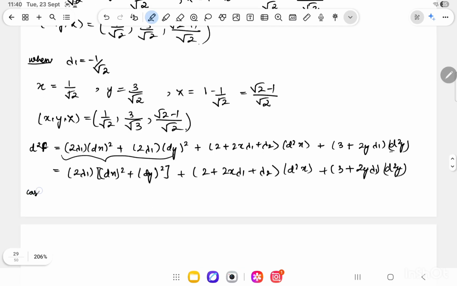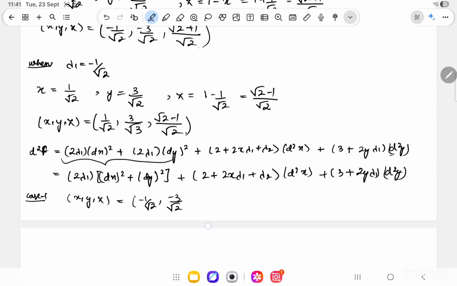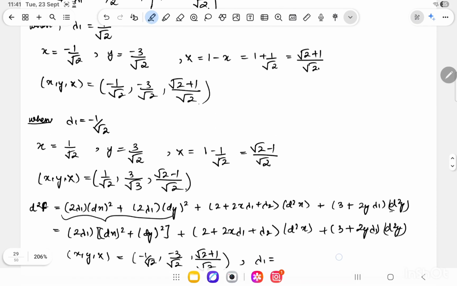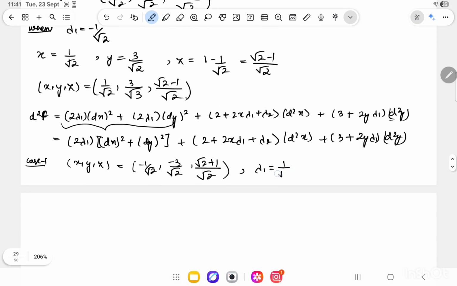There will be two cases. Case 1, when my x, y, z point is minus 1 by root 2, minus 3 by root 2 and root 2 plus 1 by root 2. And in that case, I assumed my lambda 1 as positive 1 by root 2.